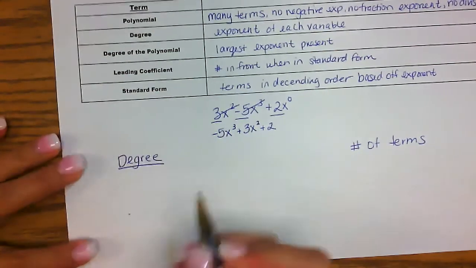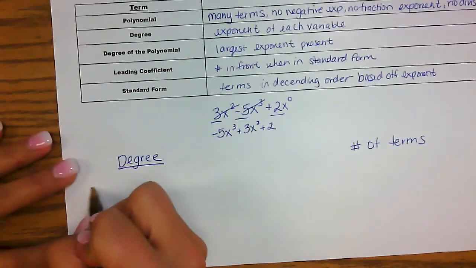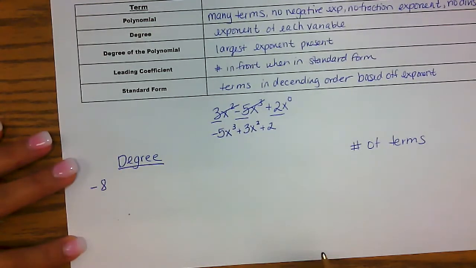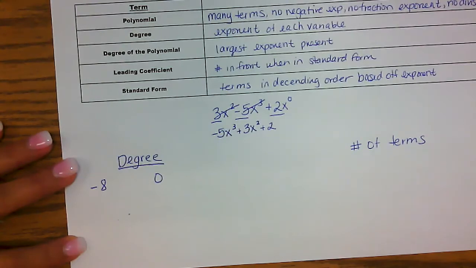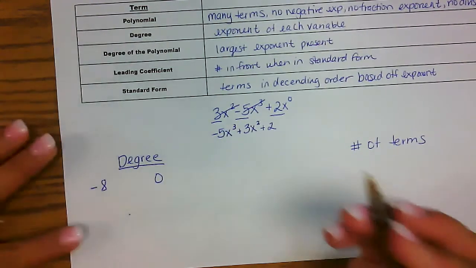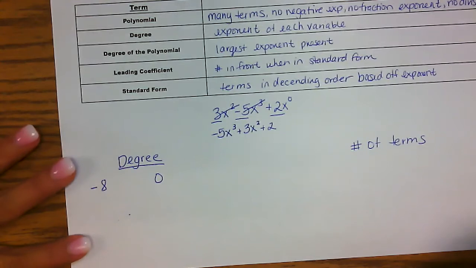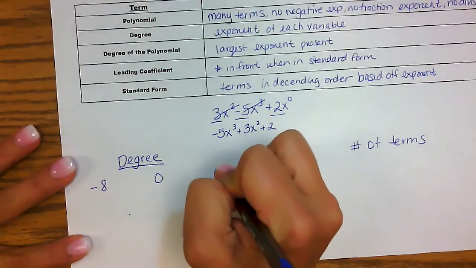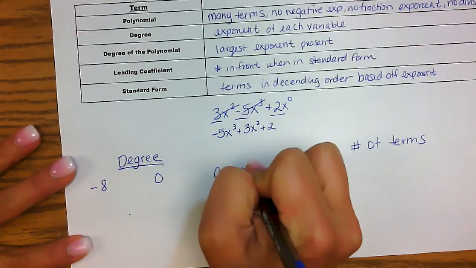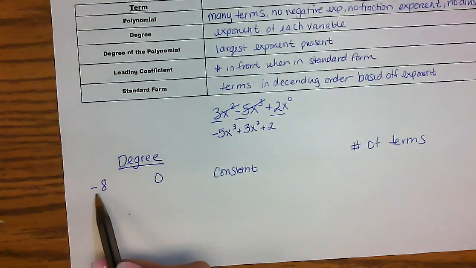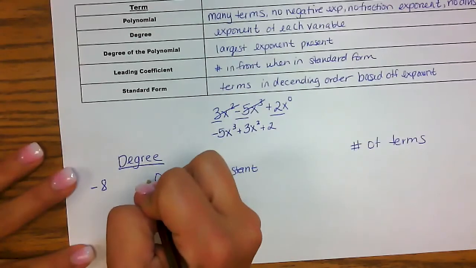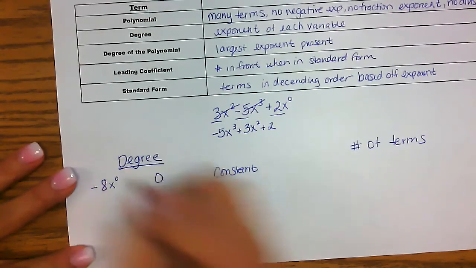So if I have just, let's say, a -8, the degree for that term would be 0. And the word that we call something with the degree 0 is constant. Why? Because there's no variation. It's always going to be -8. Why? Because we have x to the 0 power.